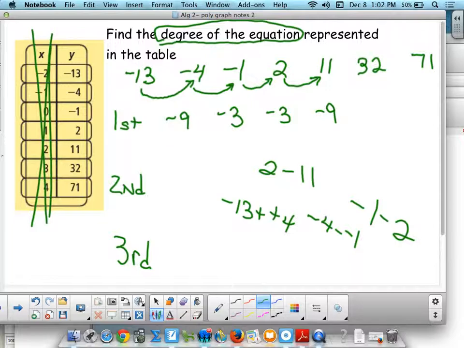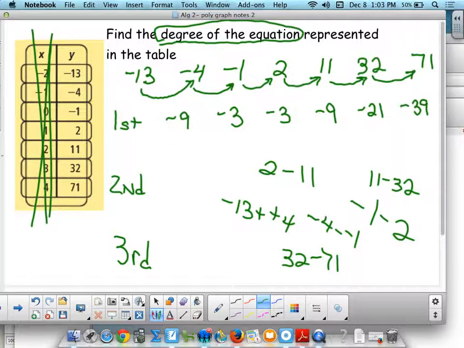Guys, if you're not going to be quick with this, I got to kind of throw the answers out. 11, take away 32, negative 21. 32, take away 71, negative 39.